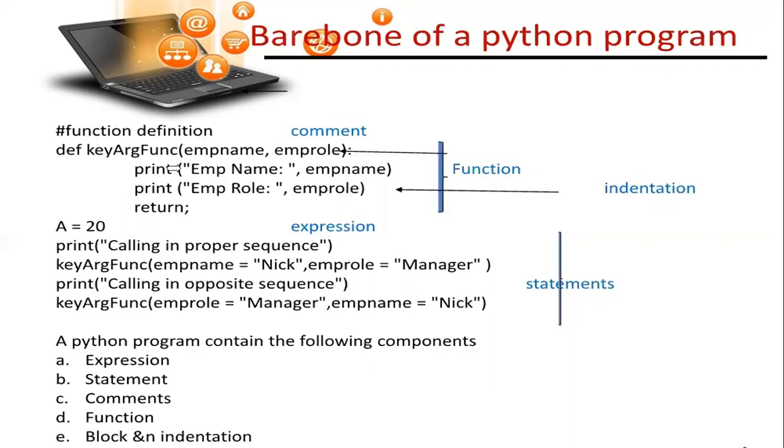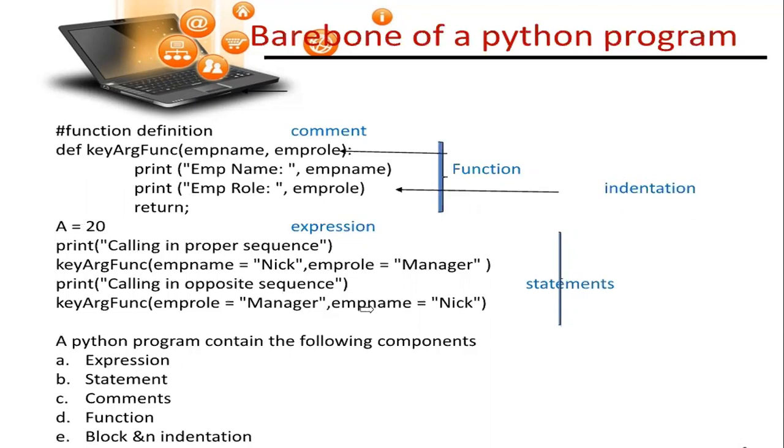So this entire indentation that we used, it specifies that this particular three lines fall under this function. Okay. Next we have a equals to 20. This is an expression. Okay. And then all these are called as statements.